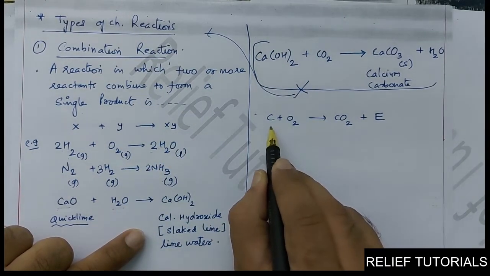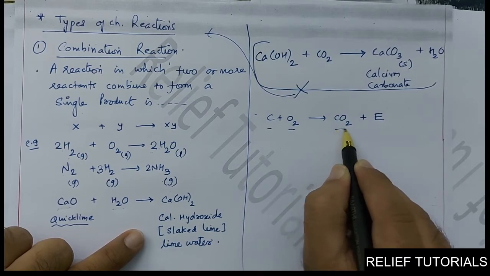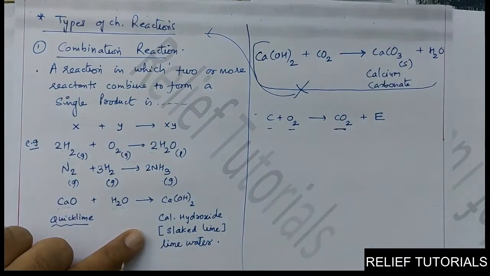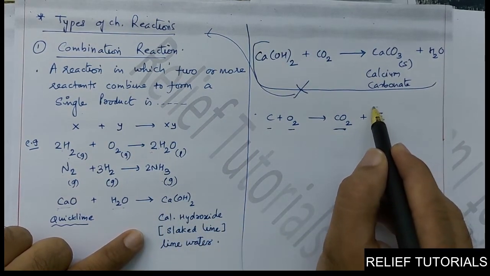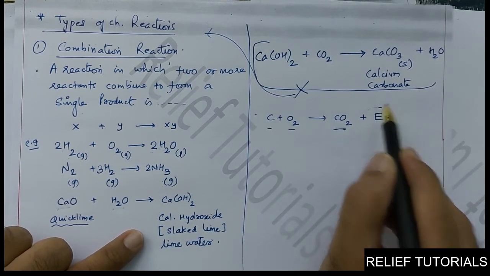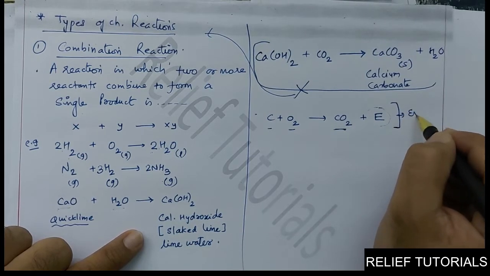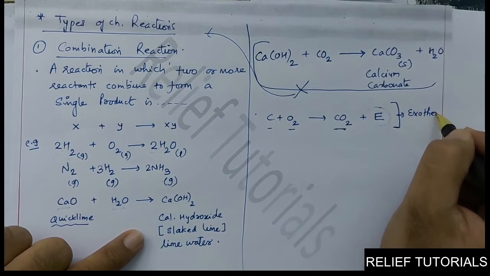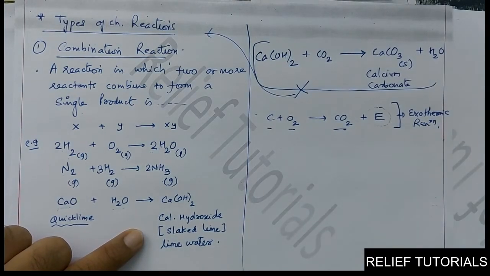If you see, one reactant reacts with another reactant, they form one product only. So this is the best example of combination reaction. One more thing to know in this equation is it releases an enormous amount of energy. Such reactions in which energy is released are called exothermic reactions.